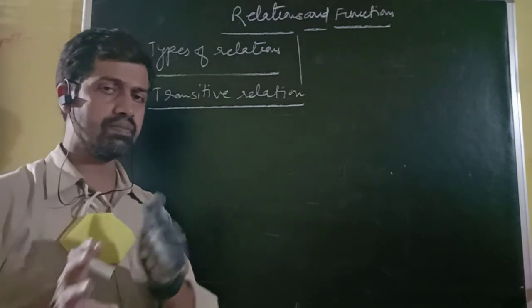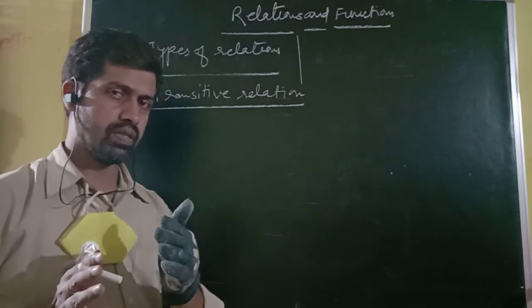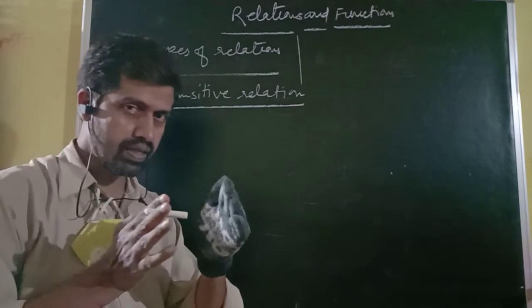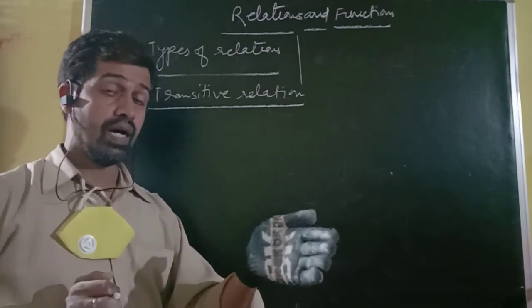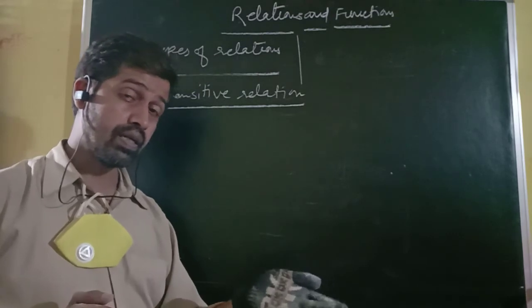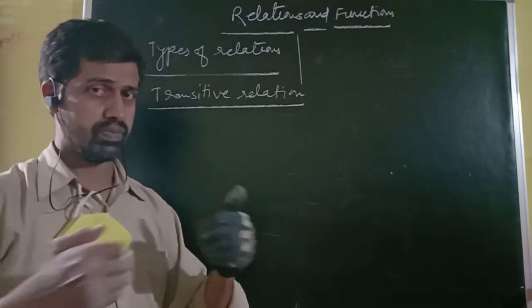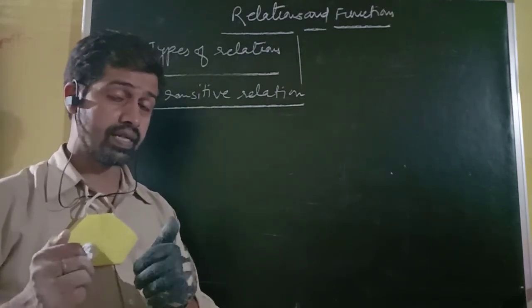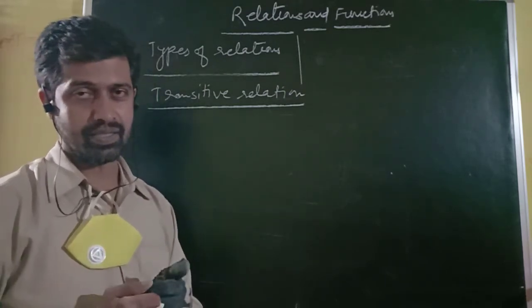This we can understand by a common concept. Suppose A and B are two persons living in the same society, and B and C are also living in the same society or same locality. Then it is quite obvious that A and C are living in the same locality.